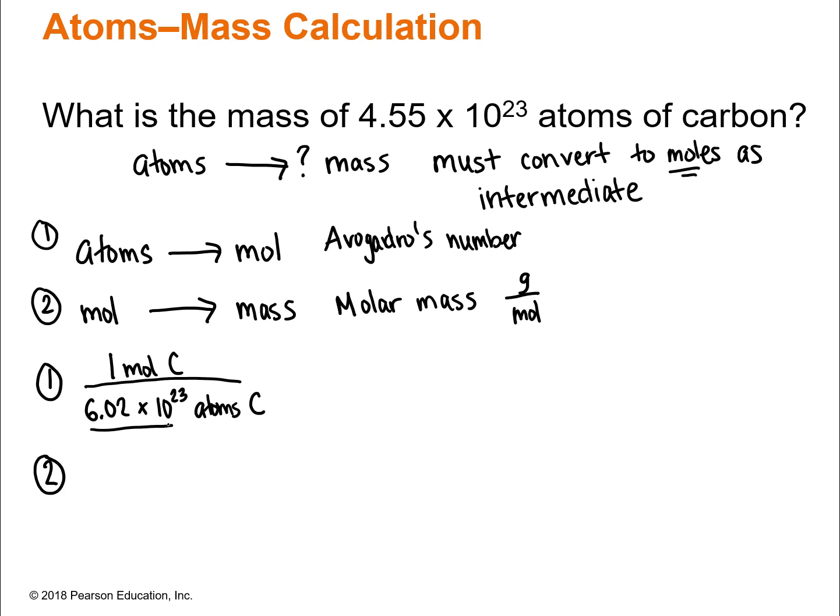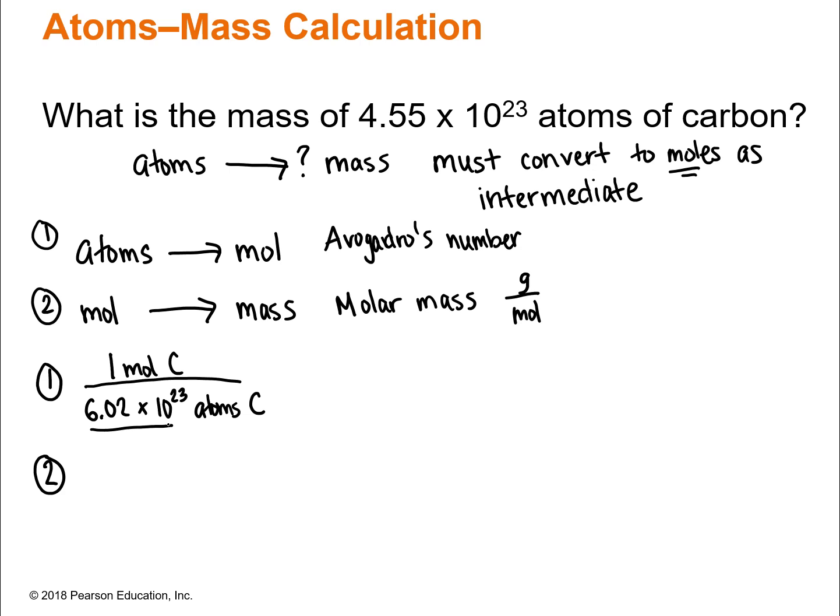Avogadro's number is the number of atoms in 1 mole of something. So whenever you're doing atoms to moles, you're going to see that 6.02 times 10 to the 23rd. Always and forever. Did I explain well enough why that number goes on the bottom for you? Okay, good. You're welcome.